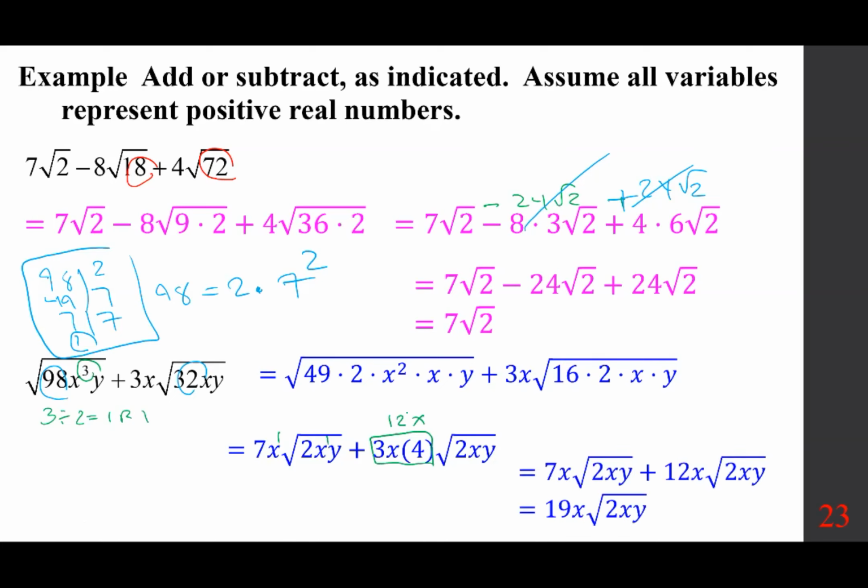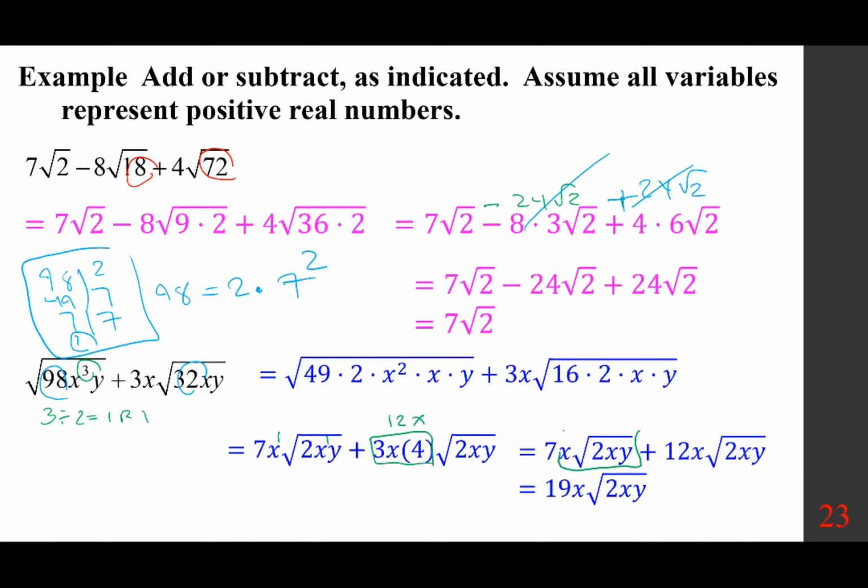What I want you to notice when we put them like that, look at this part and this part, they must be identical. So all you have to do is add 7 and 12 as the coefficient, so it becomes 19x square root of 2x. They must be identical.